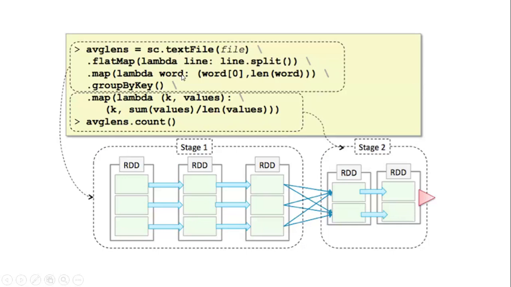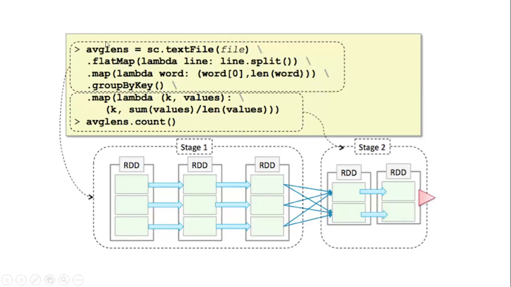It takes each word and emits key value pairs. The key is the word itself. The value is the length of the word. And then you're doing a group by key. But let's stop right here.